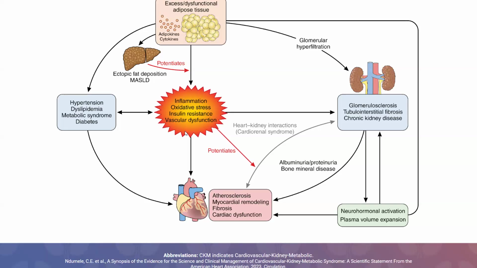On the other hand, adiposity also predisposes to kidney disease directly, both through hemodynamic effects and or inflammatory and structural effects, including fat that's sitting around the kidneys, which we don't often measure the quantum of.